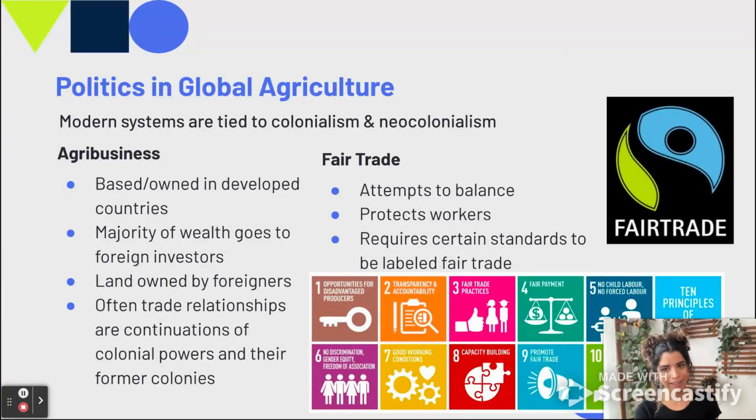So also this idea that modern systems are tied to colonialism and neocolonialism. We've already touched on agribusiness. So in this political element of agriculture, agribusinesses are based or owned in developed countries. That means that the profits that are made, the majority of wealth, goes to foreign investors, not necessarily people who are from that country.